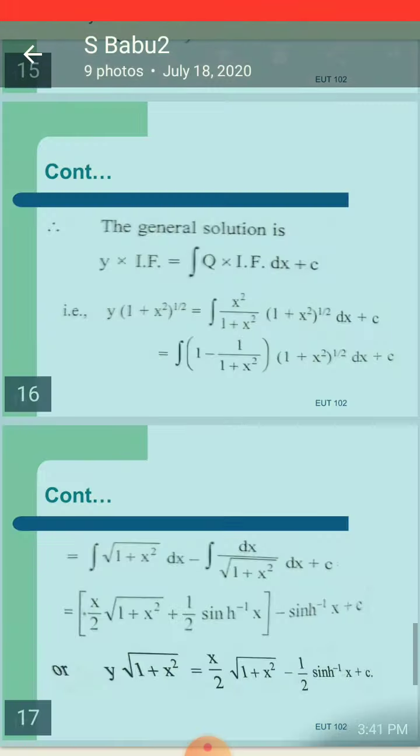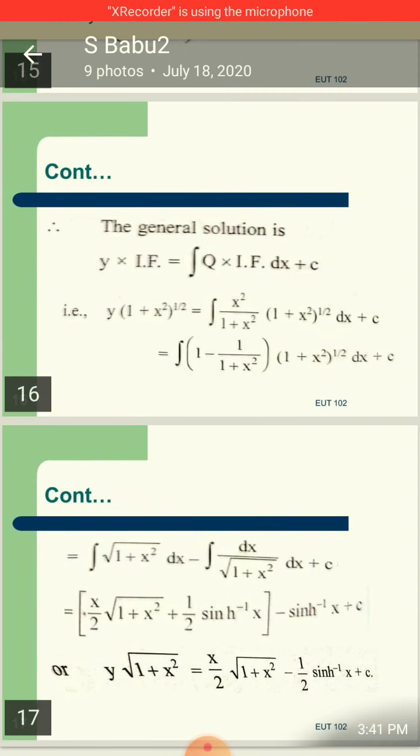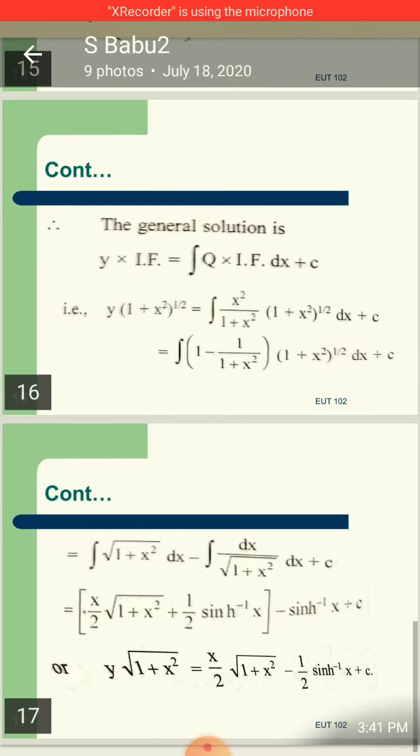So we know the formula for the integration of root of 1 plus x square, that is x by 2 root 1 plus x square plus 1 by 2 sin hyperbolic inverse x, minus this one's integration, which is sin hyperbolic inverse x, plus c.